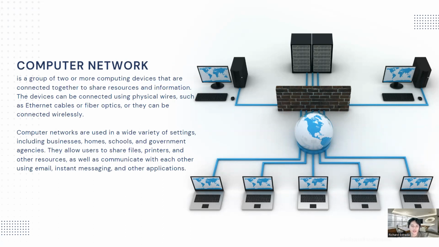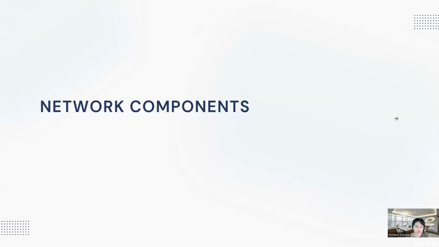Computer networks are used in a wide variety of settings, including businesses, homes, schools, and government agencies, and they allow users to share files, printers, and other resources, as well as communicate with each other using email, instant messaging, and other applications.